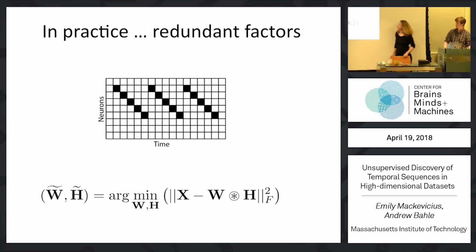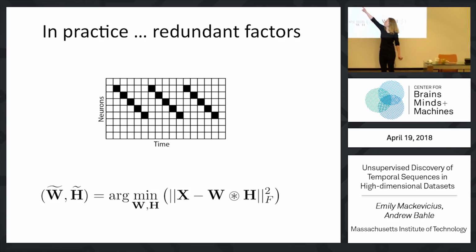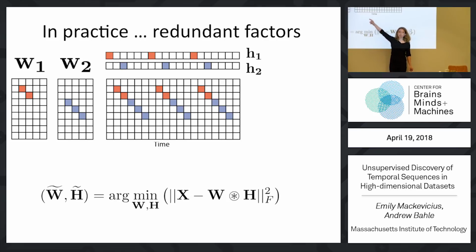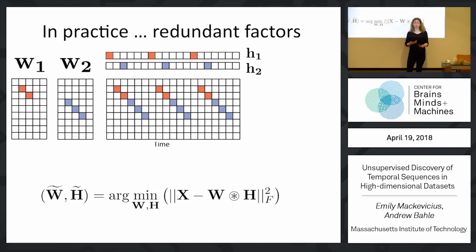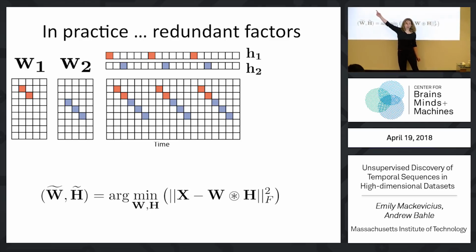Here's the data, but it's now factorized into two sequences, the first half of the sequence and the second half of the sequence. And this can be hard to interpret because each time you run it, you'll get a slightly different set of sequences. And it's sort of an inefficient way of representing your data because you could have used one sequence factor to describe it, but instead you're using two.